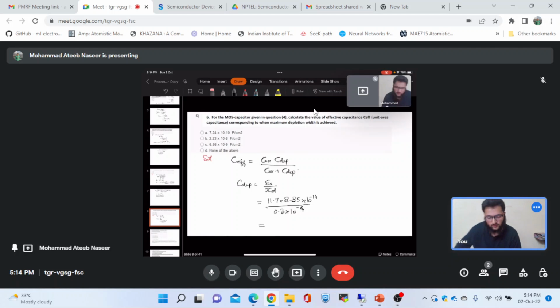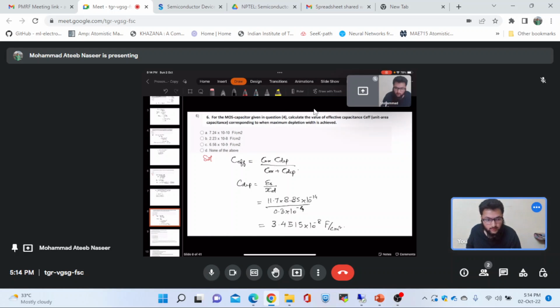Now let me do the required calculations and get the answer. 8.85 into 11.7 divided by 3. So it will come out to be equal to 3.4515 into 10 raised to the power minus 8 farad per centimeter square.